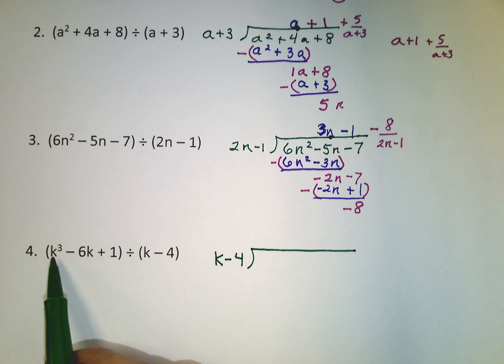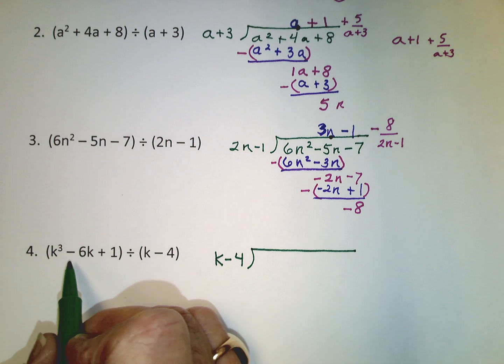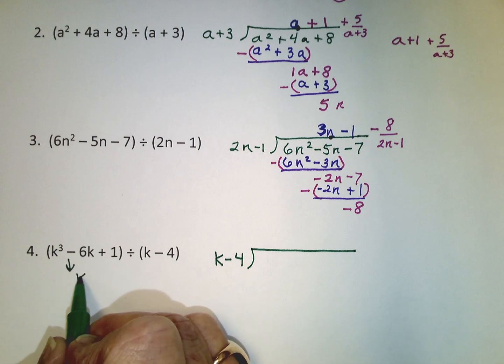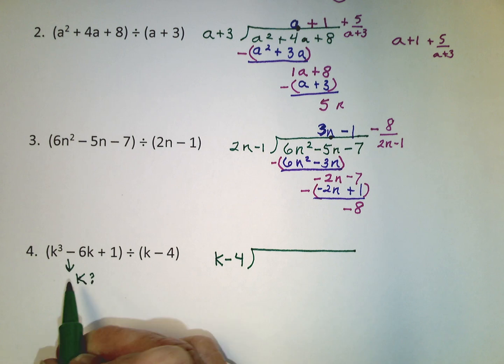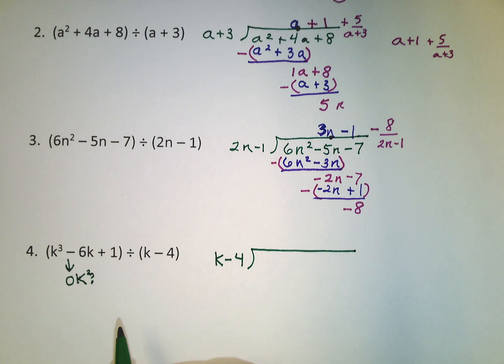This went from k cubed, that was supposed to be k cubed, down to just 6k. We are missing, we have no k squared term, and we need a k squared. So we're going to fake it in. We're going to put a 0k squared in there.